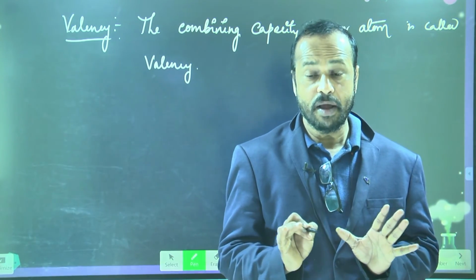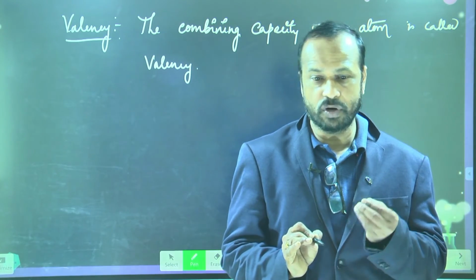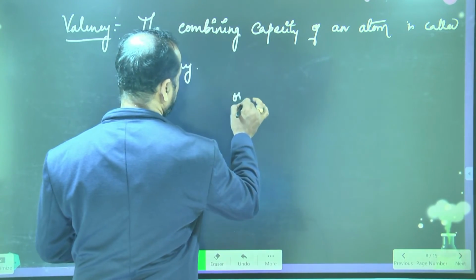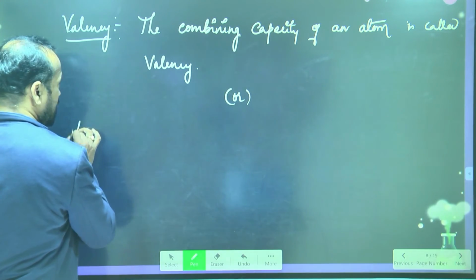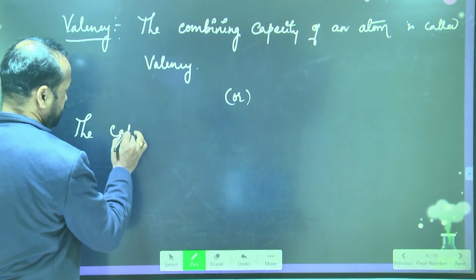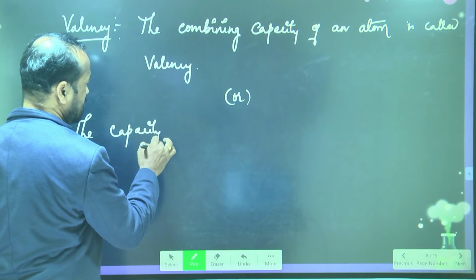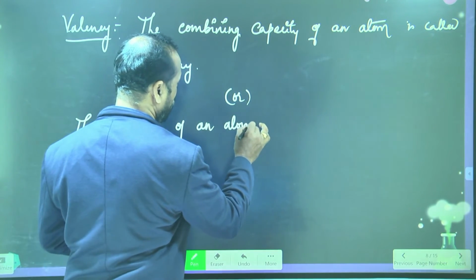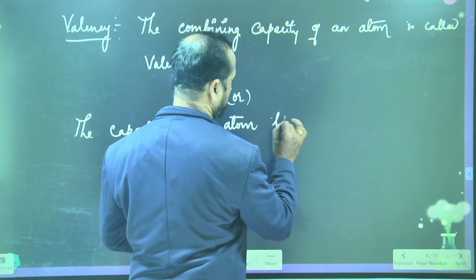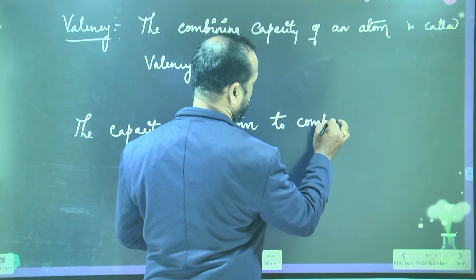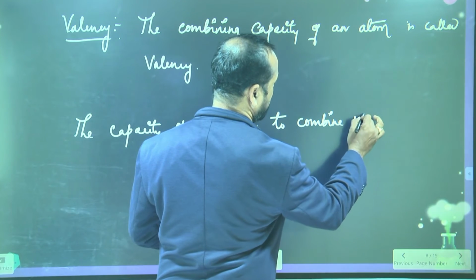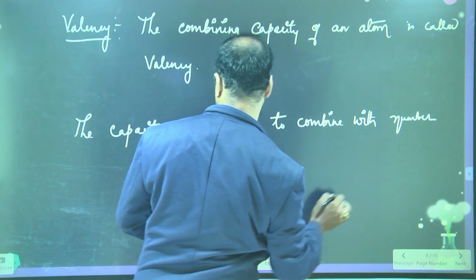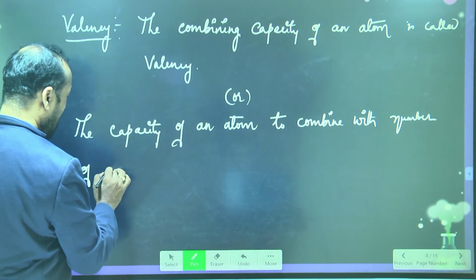For more information we have one more definition of valency: the capacity of an atom to combine with the number of hydrogen atoms.